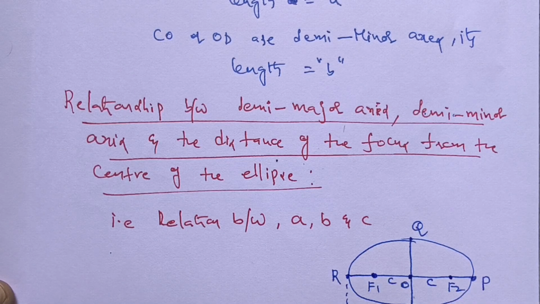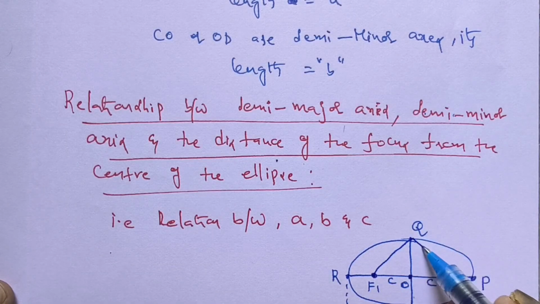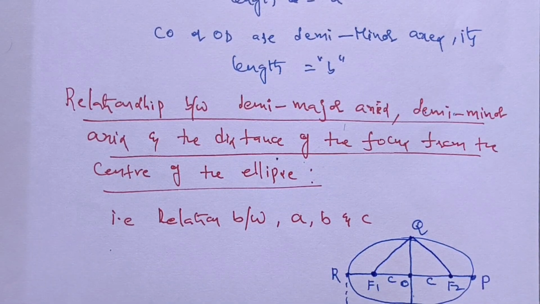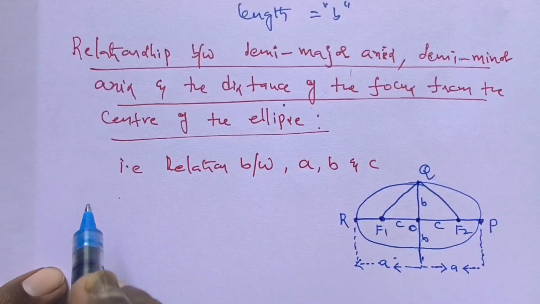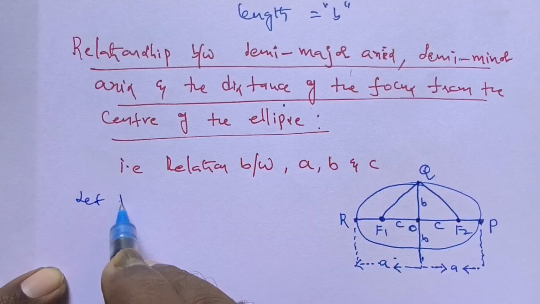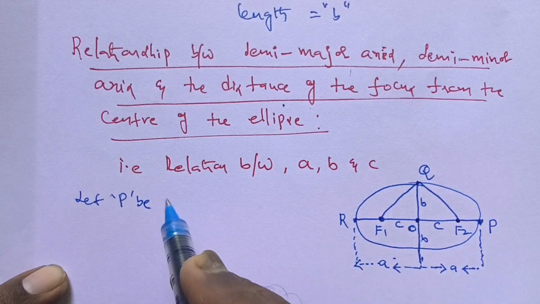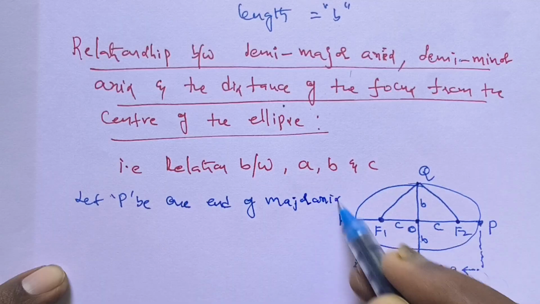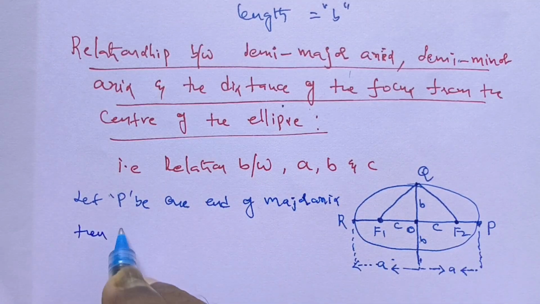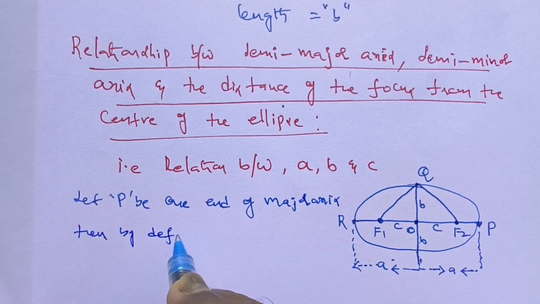O to F2 is also c units. Now joining the lines Q to F1 and Q to F2, the distance from Q to O downwards is b units.